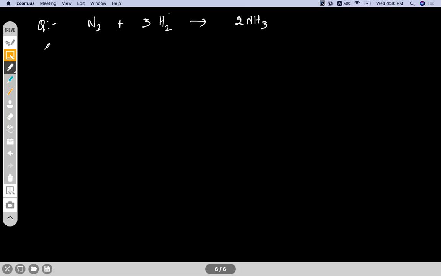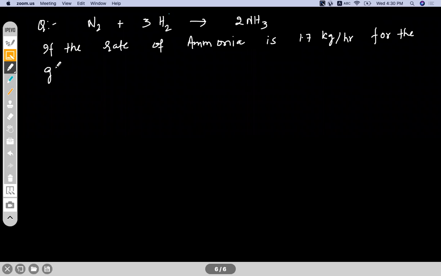If the rate of ammonia is 1.7 kg per hour for the given reaction, then calculate the rate of hydrogen, rate of H2, in gram per minute.